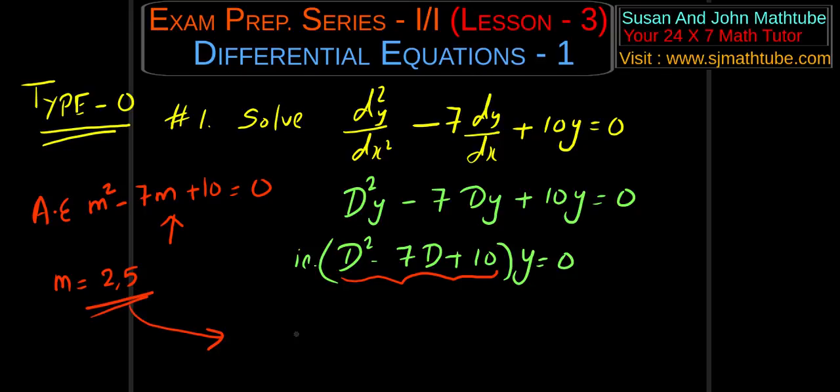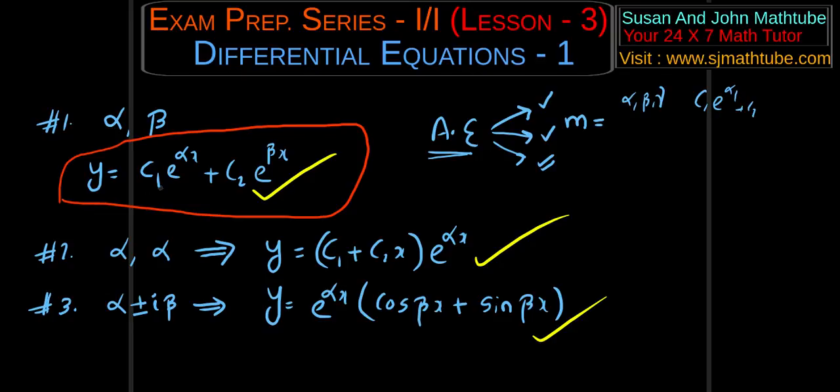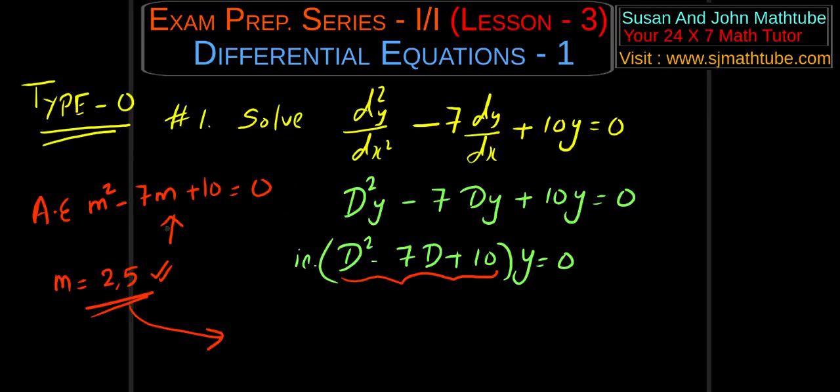So the solution is, now look at this, the roots are real and different. So you have the list. So if the roots are real and different, then the solution is y is equal to c1 e to the power 2x plus c2 e to the power 5x.